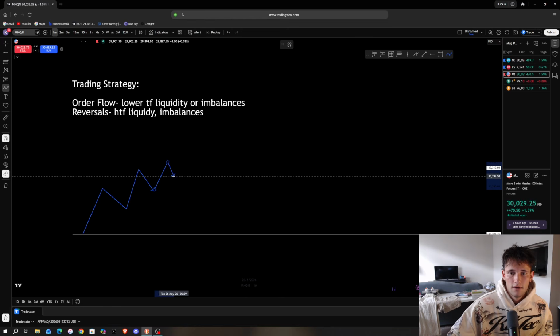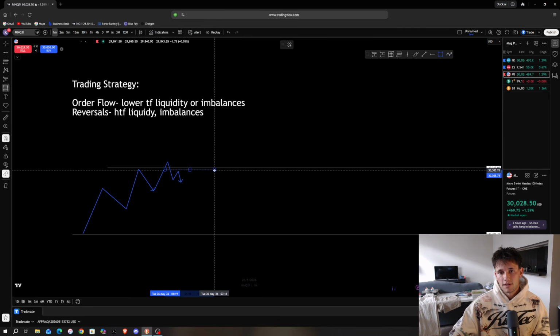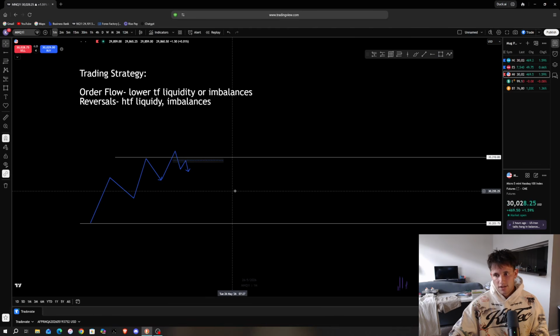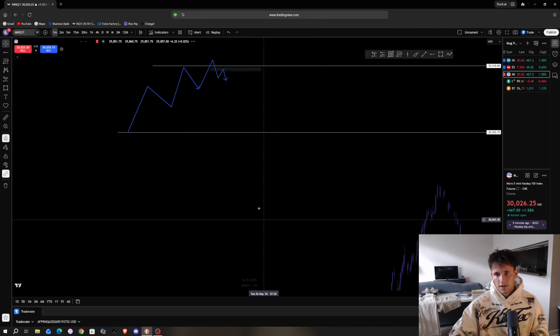So maybe like a 5-minute down candle off that, 5-minute retrace, respect bearish movement, something like this, and then with respect to the downside, and then I would be willing to take a trade, right?